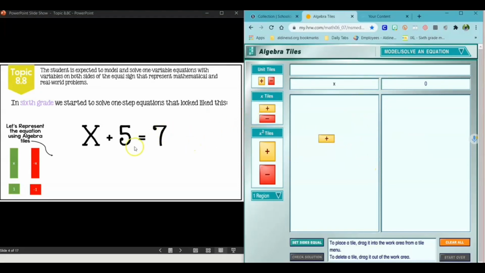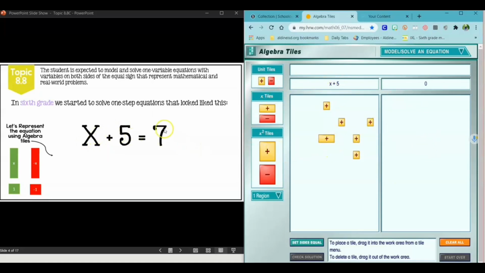And then I need to add 5 positive units because of the plus sign. So 1, 2, 3, 4, 5. We just use this board by dragging and dropping whatever we need. So I have x + 5, which matches x + 5 on the left.